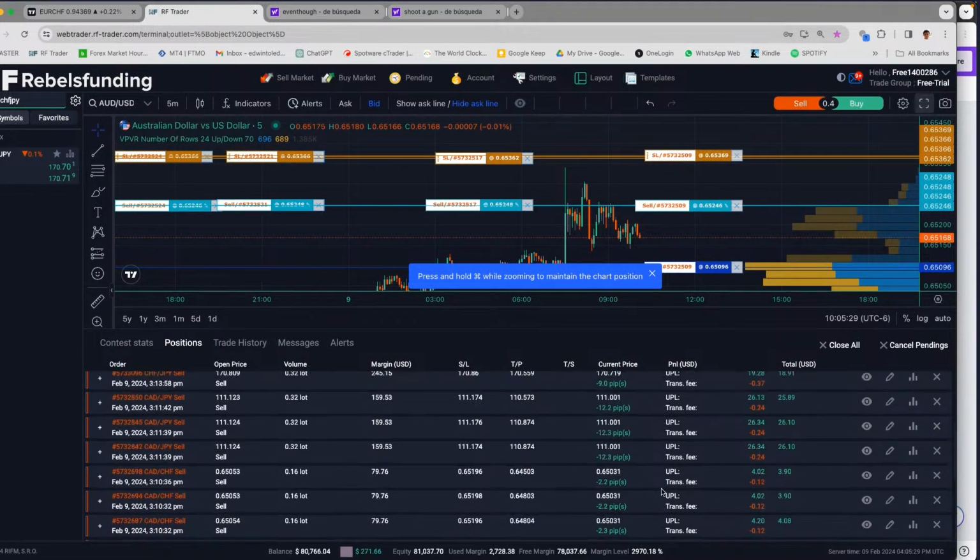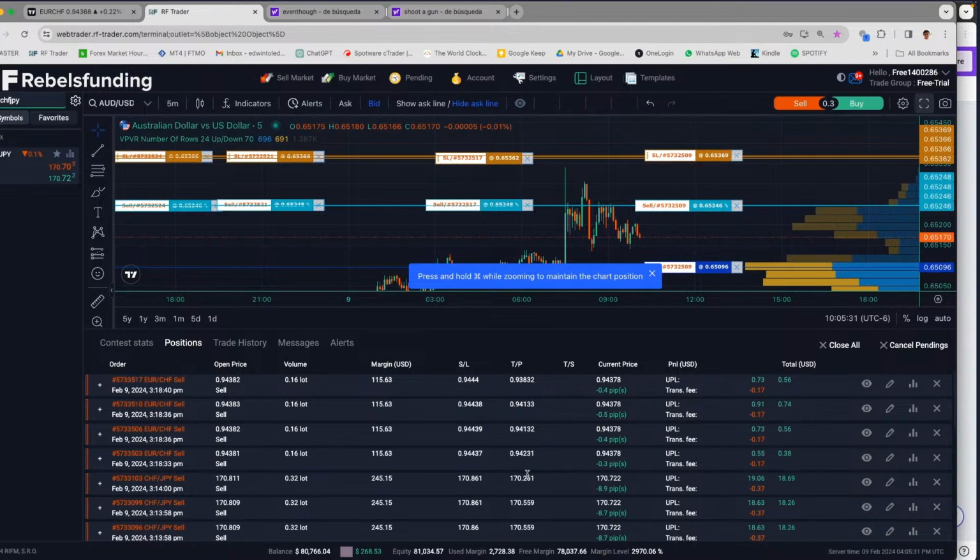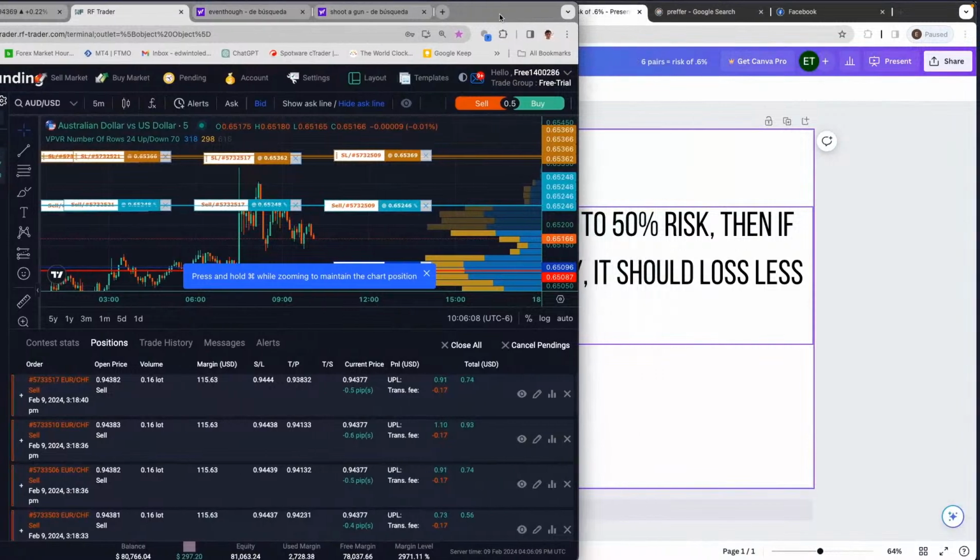I think that's the only way to trade the markets, right? I don't know. I don't like the days where things take a little bit of profit and you get out very fast.